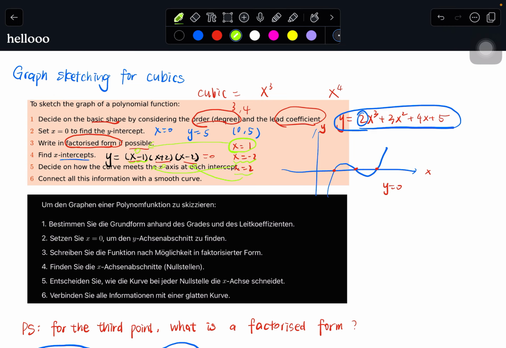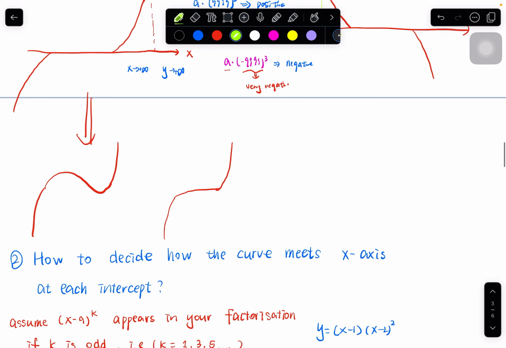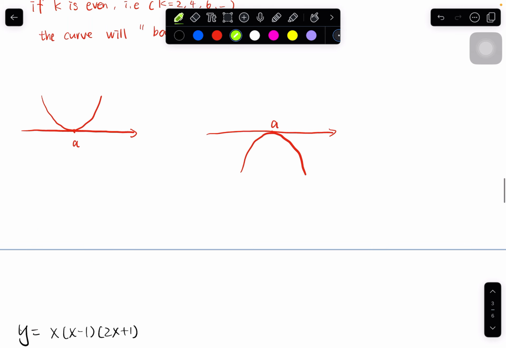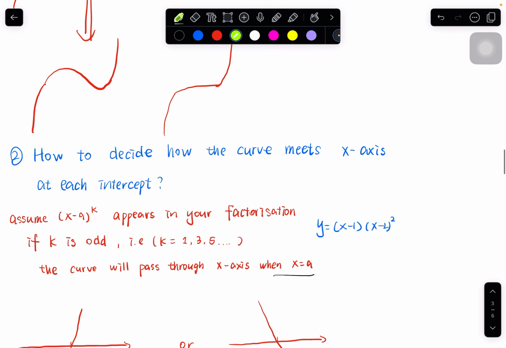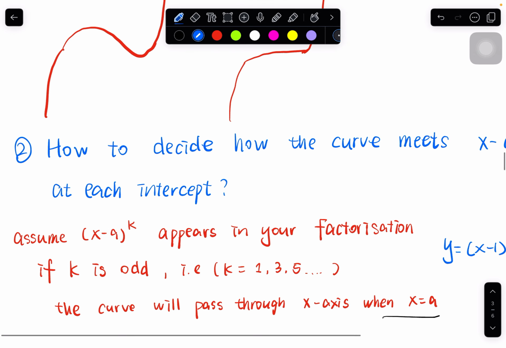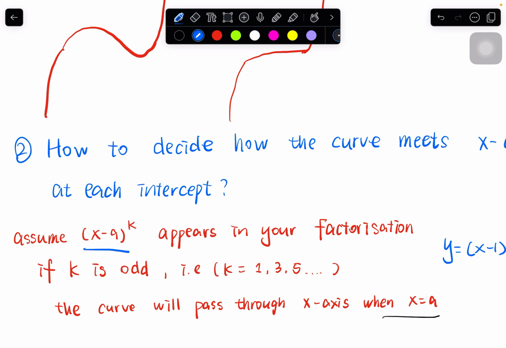Decide on how the curve meets the x-axis at each intercept. Let's see. Here we have, for example, (x minus a) to the power k in the factorized form.